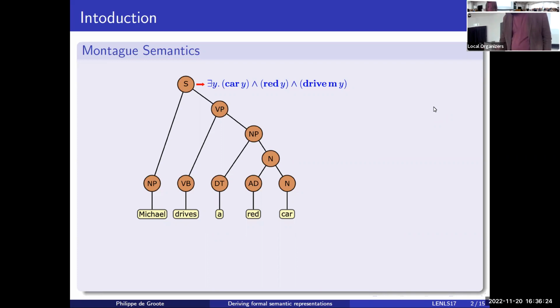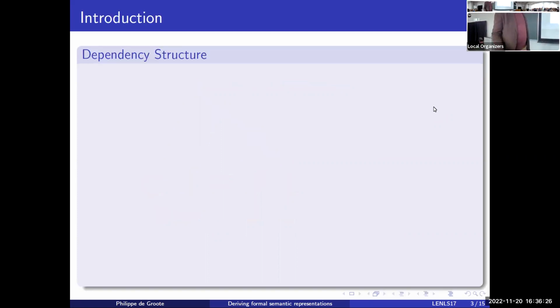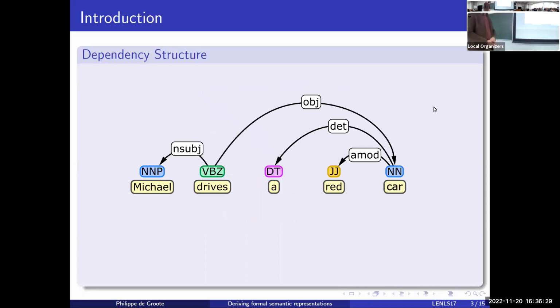And the problem is that in a dependency structure, for the same sentence, we would obtain a structure like this. This is exactly what you would obtain with the Stanford parser, actually. And the notion of constituent is no longer applied. Of course, you may use some extra knowledge to try to retrieve that notion and say, okay, red car, that's a constituent.